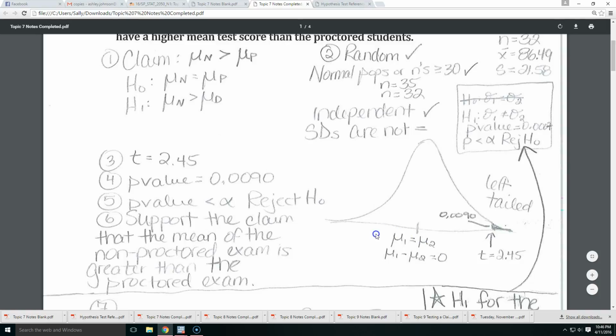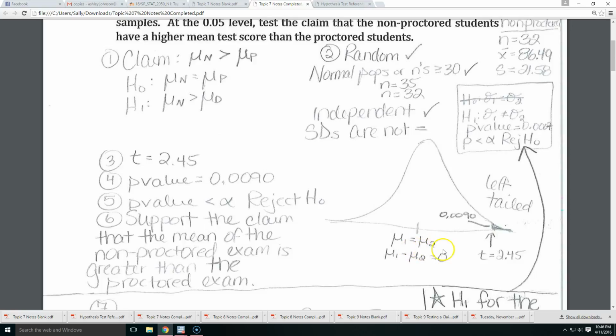Before we get to that, in our picture here, I recommend always putting mean 1 equals mean 2 here, though N and P would have been a little bit more specific. And what this also means is that mean 1 minus mean 2 is 0. If you did an actual algebra equation and subtracted mu2 from both sides, you would have this second statement here.